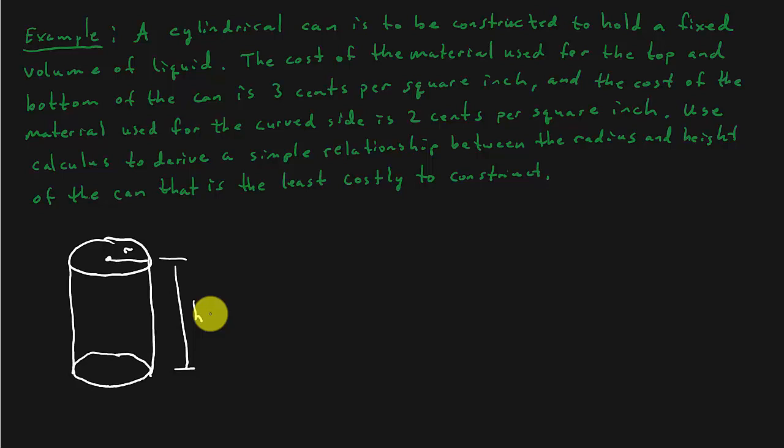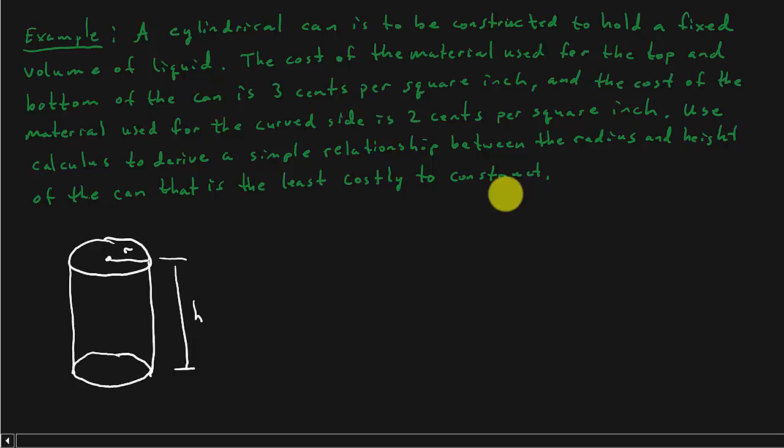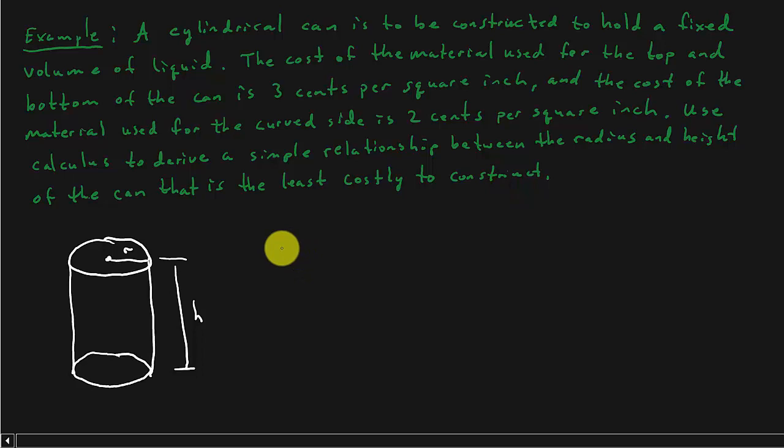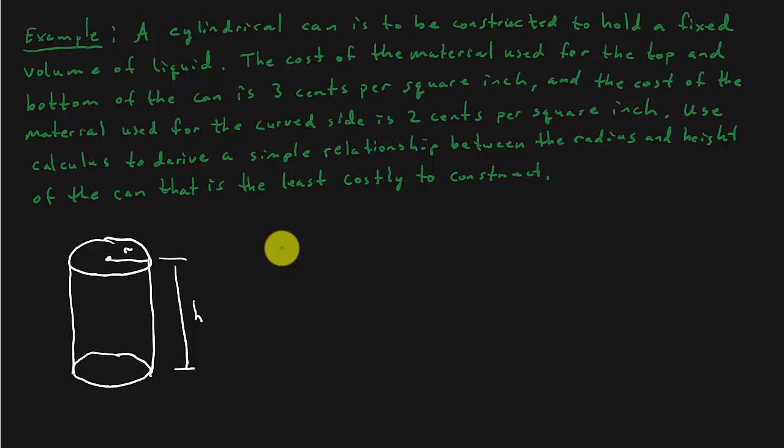They want us to derive a simple relationship between the radius and height of the can that is the least costly to construct. So we want the cost to be minimized. So basically, you're looking at what do you want to minimize or maximize? That's what you're going to take the derivative of.